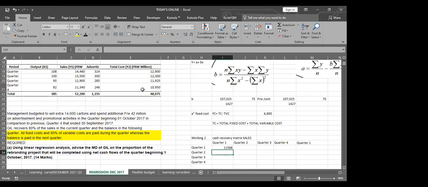But remember that, according to the other year, management budgeted to sell an extra 14,000 cartons and spend 14 million to advertise. So it means they will do more advertising, and more advertising will lead to more sales. So this is the current sales. They want to advertise a lot to make more money to fund whatever they want to fund.